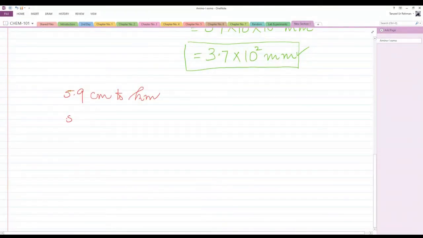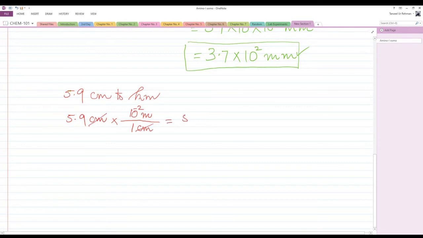What is given? 5.9 centimeter, multiply, divide, centimeter down and meter up. We know that from the table 1 centimeter with meter is minus 2. Centimeter will be cancelled.